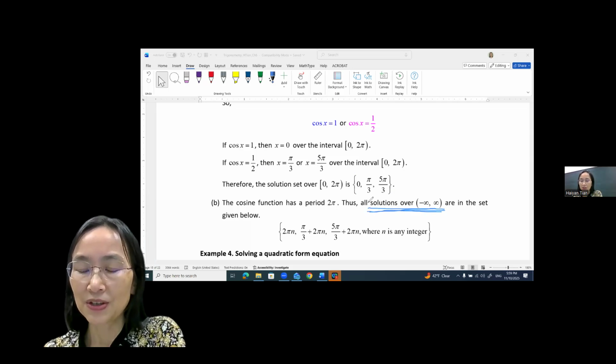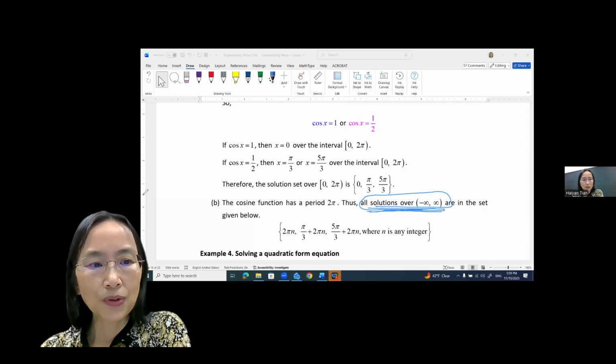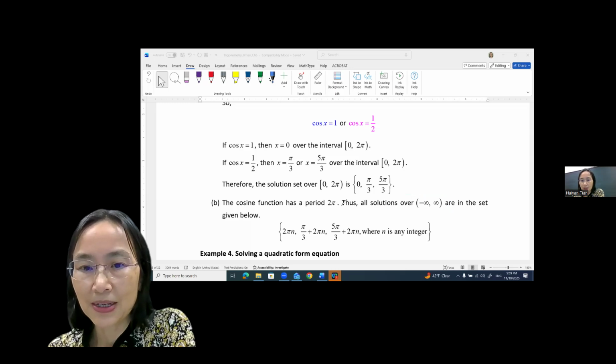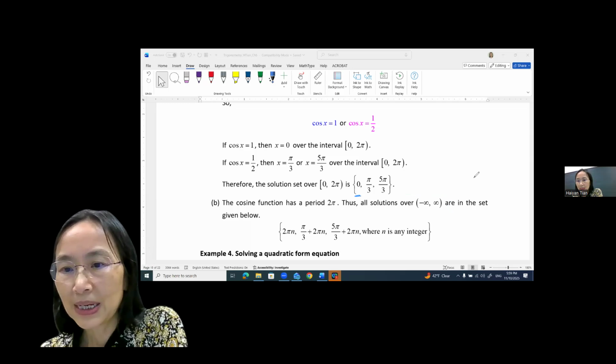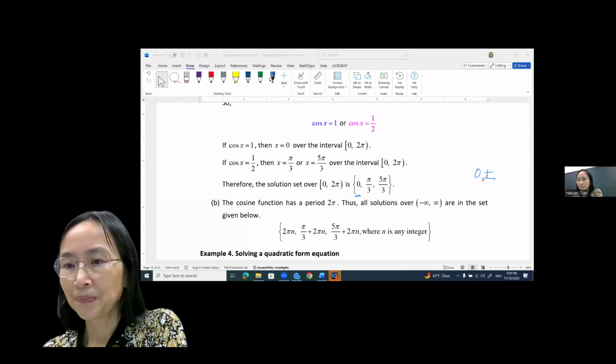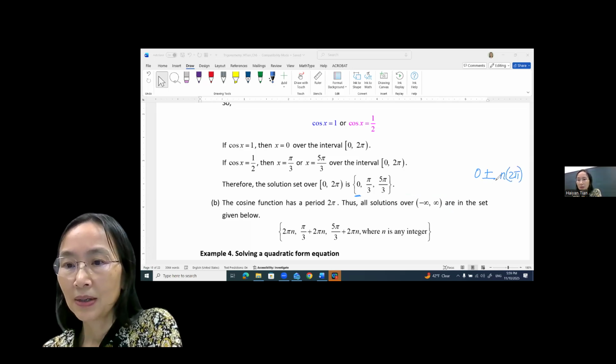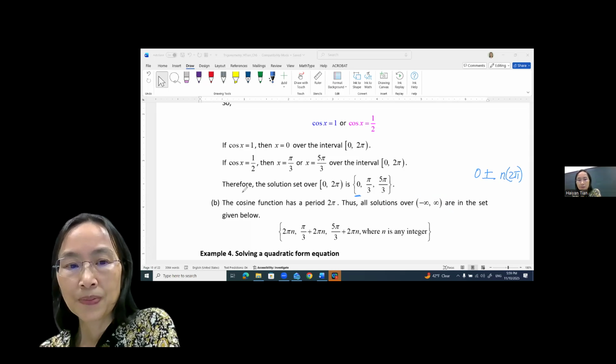That means on this interval, we will have more solutions, because from 0, we can add 2 pi, a complete rotation. For example, an integer multiple of 2 pi can be added to 0, and they still are solutions.